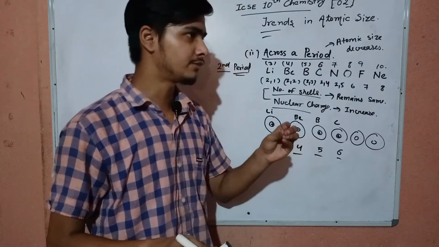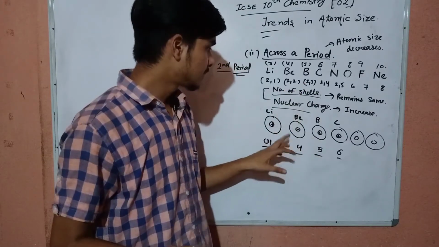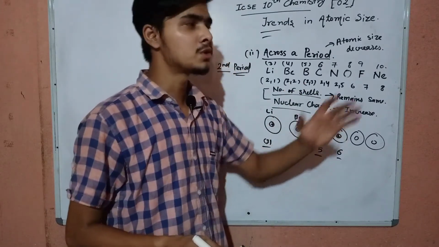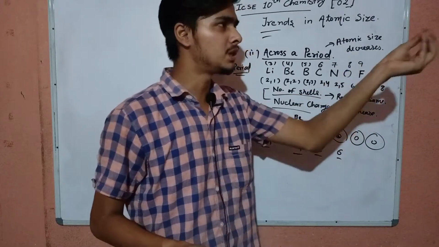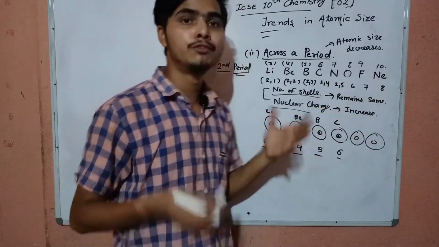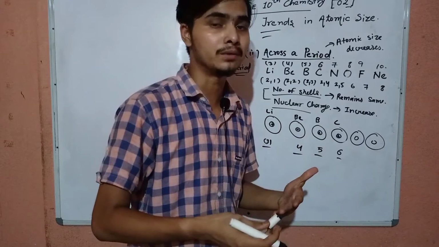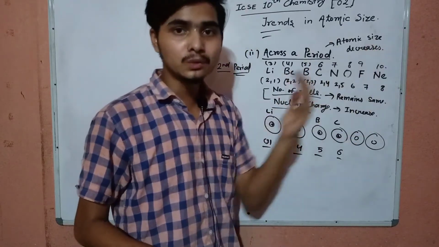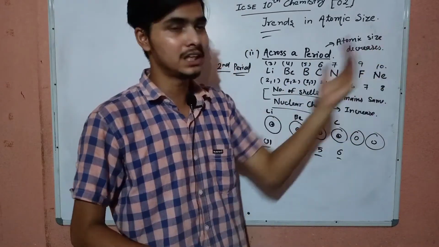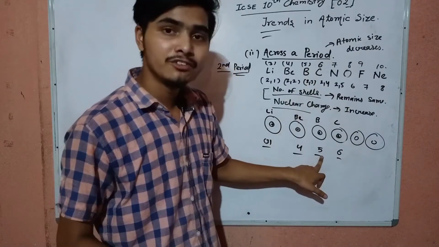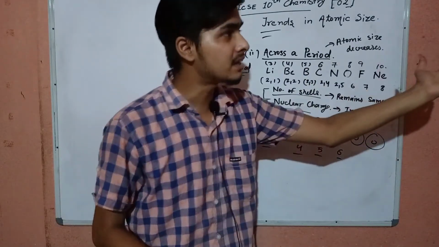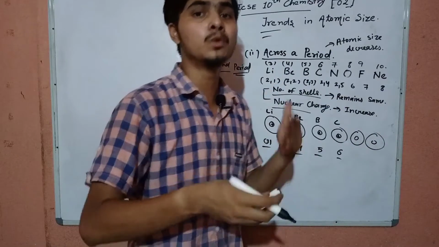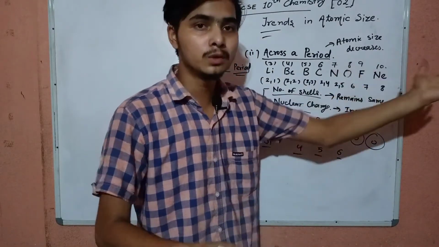So first of all, the nuclear charge was 3. So the protons were only loosely able to attract. Now when it has 4 protons, 4 positive power, it can attract the electrons with more capacity. It can attract the electron towards itself. Now when it has 5 protons, it can attract more. It has more capacity to attract the outermost shell.